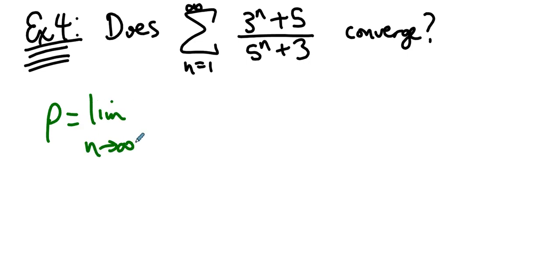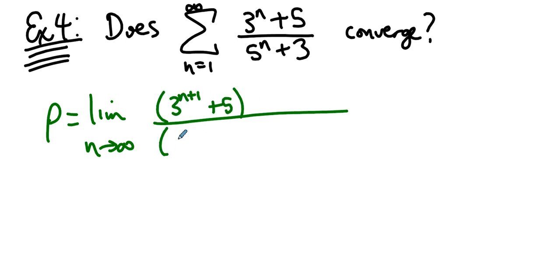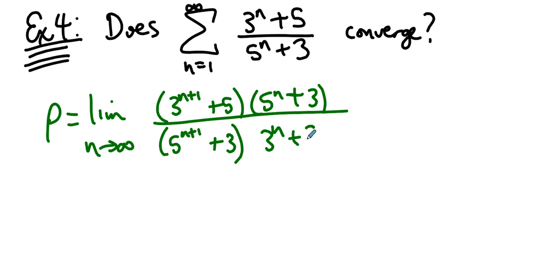The ratio test says we take the limit at infinity of the n plus 1th term divided by the nth term, and we try to figure out what that limit is.